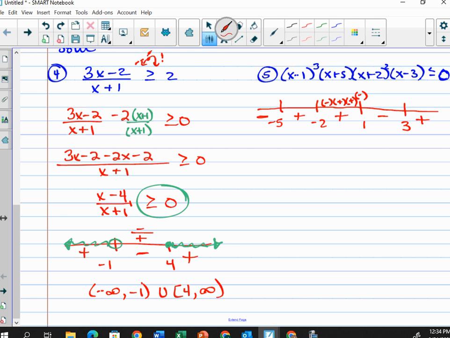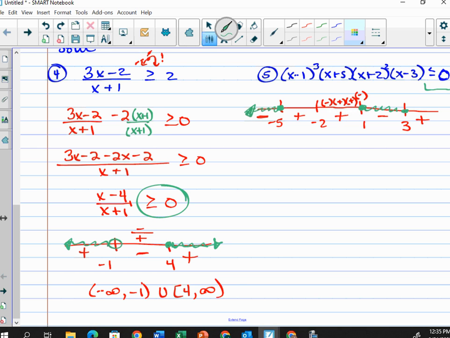Okay. All right, now guys, this one is a little tricky. I am asking you for less than or equal to 0. So I know I want the negative parts. Just those 2. I don't have any fractions, so I can go ahead and include the 1 and the 3 and the -5.